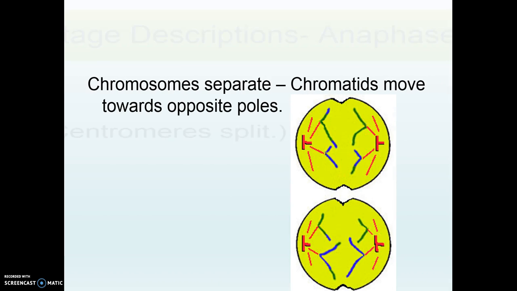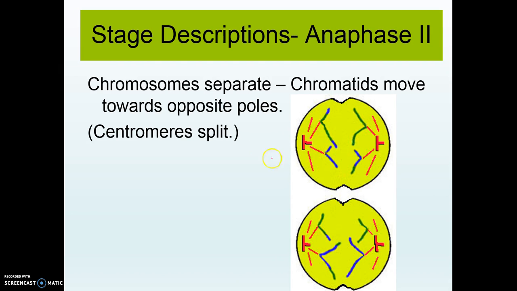Now comes the anaphase. In anaphase, the sister chromatids get pulled apart. So the sister chromatids, remember this one has squiggly ends, this gets pulled, and one is like this, one is a little squiggly, so they get separated.